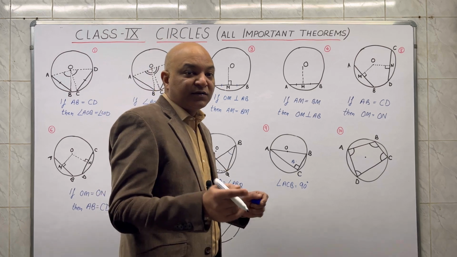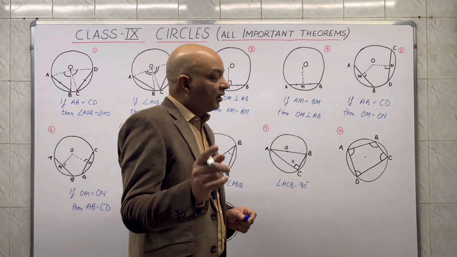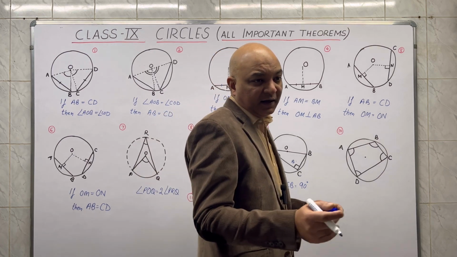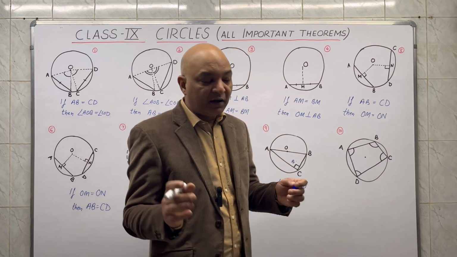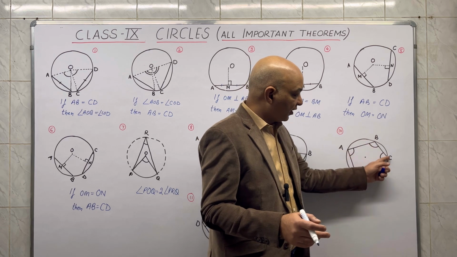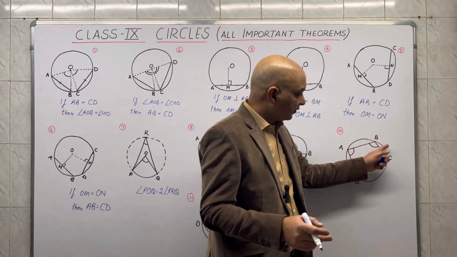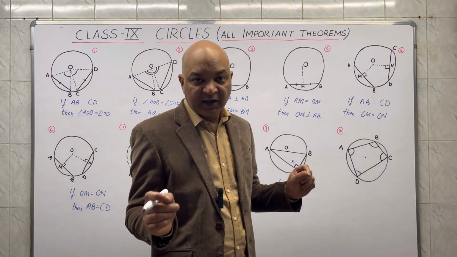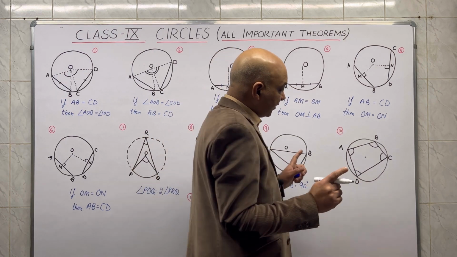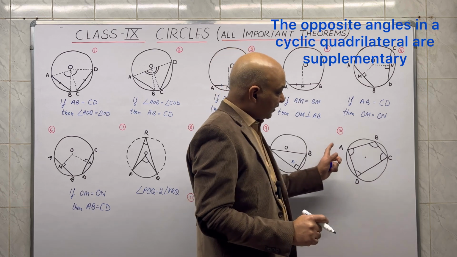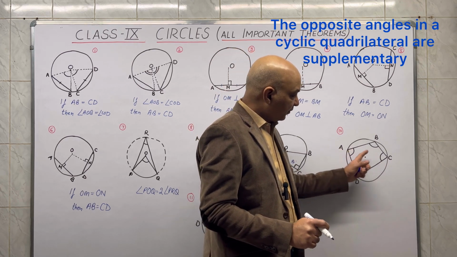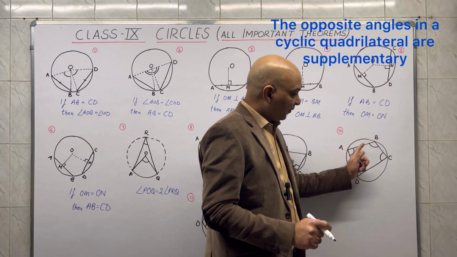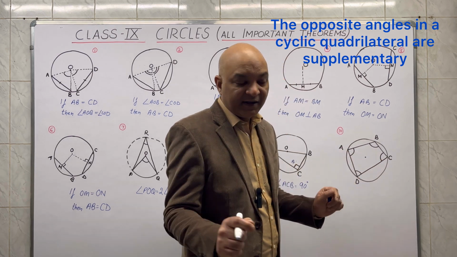Right. The last two theorems are on cyclic quadrilaterals. A cyclic quadrilateral, as we know, is a quadrilateral whose all four vertices lie on the circle. So here ABCD is a cyclic quadrilateral, and the theorem says that the sum of either pair of opposite angles is supplementary, that means 180 degrees.